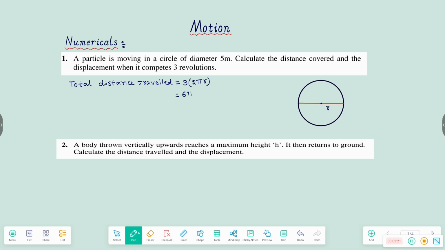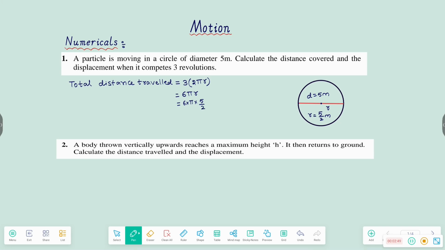Since the diameter is given as 5 meters, the radius will be 5 by 2, half of the diameter. So we substitute 6 into pi into 5 by 2.